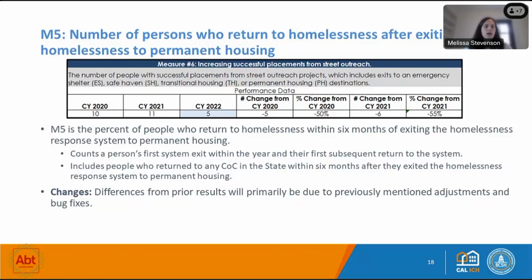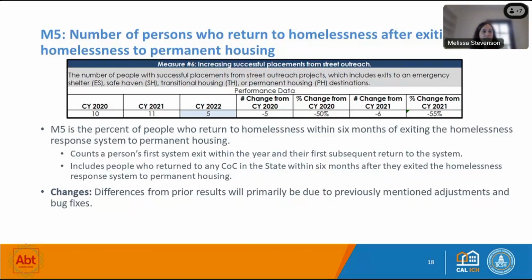So I'm going to talk about measure 5 now. That's the number of persons who return to homelessness after exiting homelessness to permanent housing. And I am just realizing that the snapshot got covered over with measure 6, and I thought I had fixed that, so ignore the picture there because that is for the next measure.